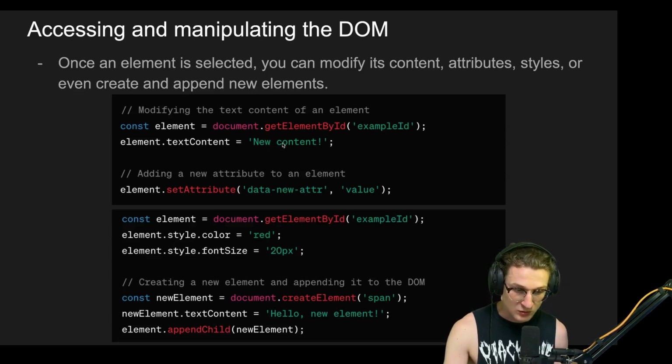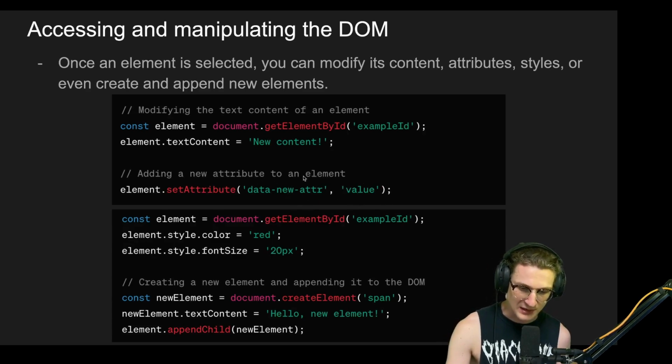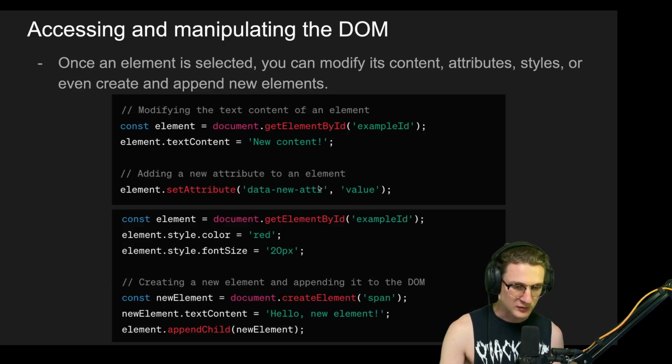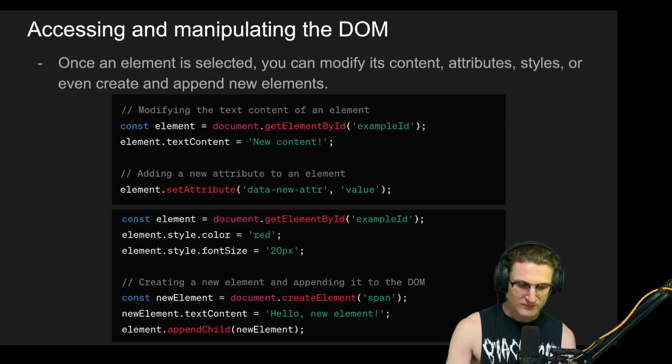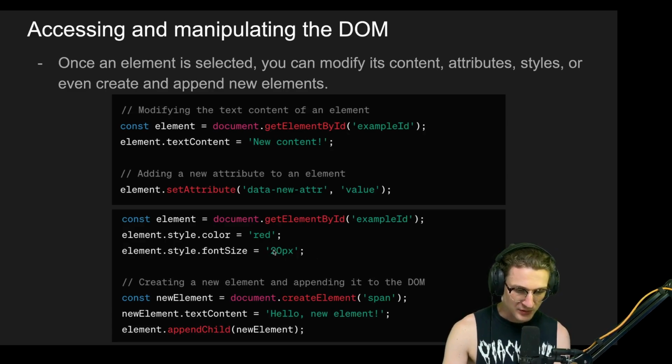So we can put in new content, and then we can add a new attribute to the element. So data-new-attribute, value. That's kind of just an example right there, but maybe you would have some attribute that you'd be looking for, some kind of certain functionality. And then below, we have an example where we're changing the style. So we grab an element by ID once again, and we're able to access the style object on the element, and change the color to red, and the font size to 20 pixels.